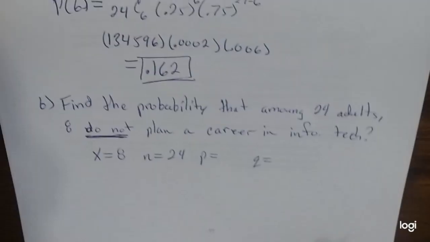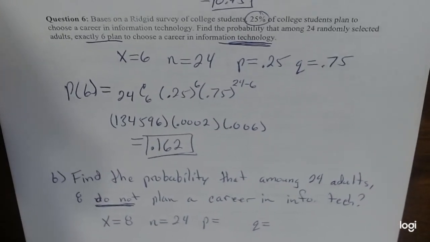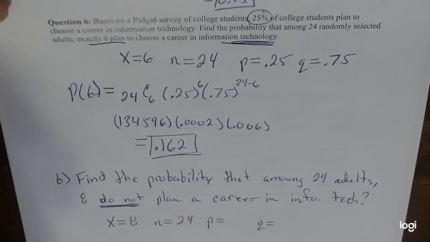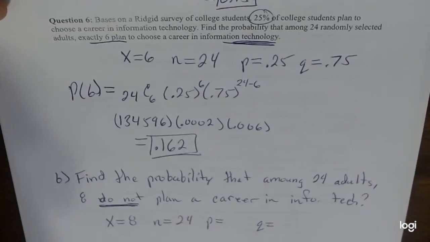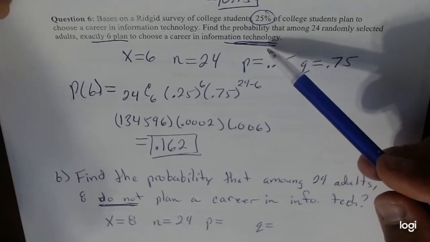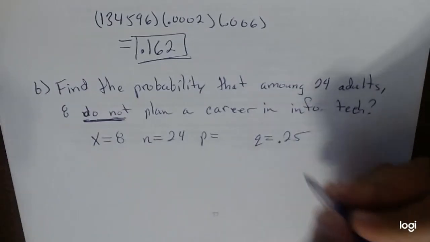Now, based off this information, if I want "do not plan," then 0.25 is now failure, because that's people who do want to go into information technology. So this is actually failure, people that actually go into technology.